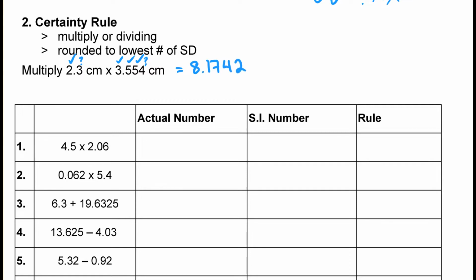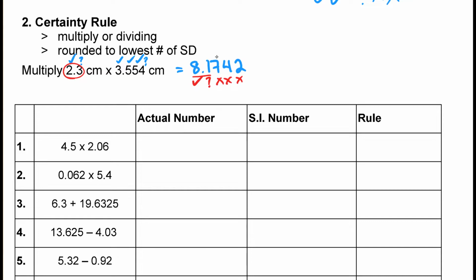8.1742. Now in here, we're fairly certain about the 8, and we're fairly certain about the 1, but any digit after this, because this number only had 2 digits to begin with, we can only be certain about these first 2 digits. So should the 8.1 stay as an 8.1 or should it round up?